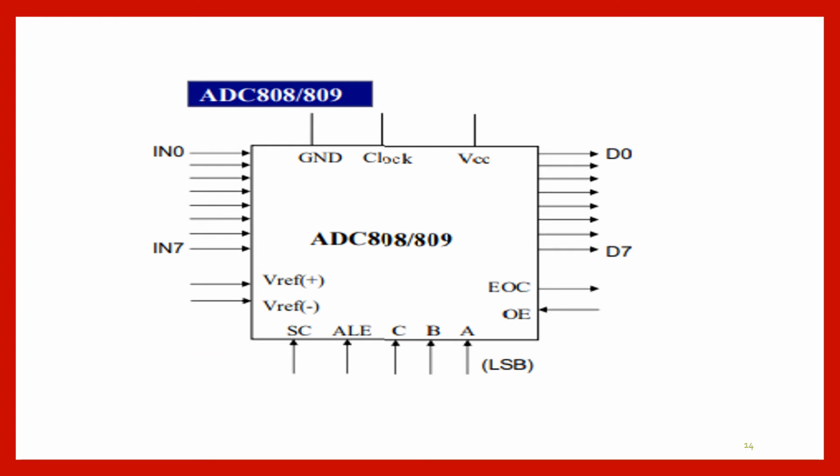Ground, clock, VCC, D0 to D7 same data output, IN0 to IN7, these are the 8 input channels. There is start of conversion, end of conversion, output enable, ALE address latch enable, and C, B and A. From A to C, A is the LSB. You have address selection for the respective input channel.